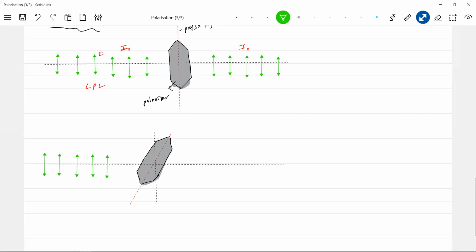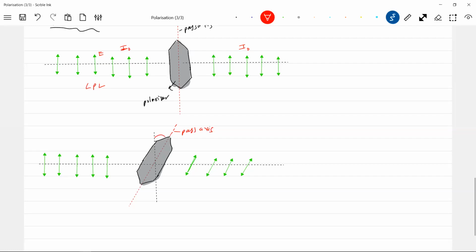What will happen to the light? It will get polarized. So what is the pass axis? The red one, this is the pass axis.